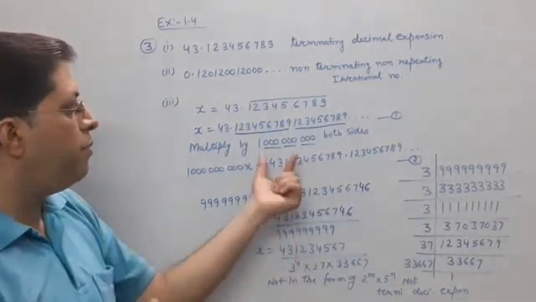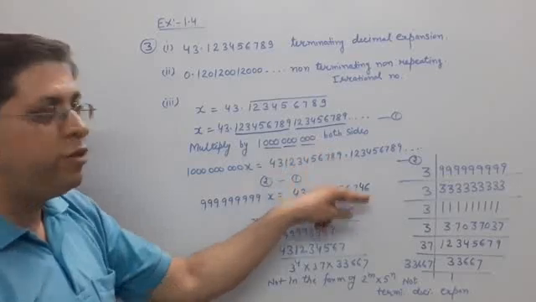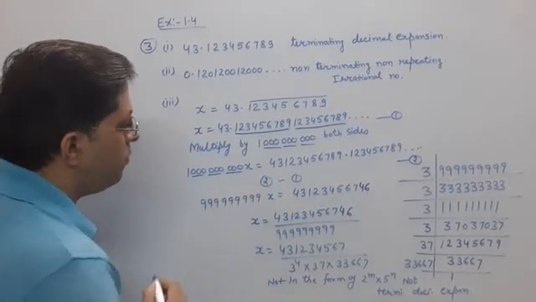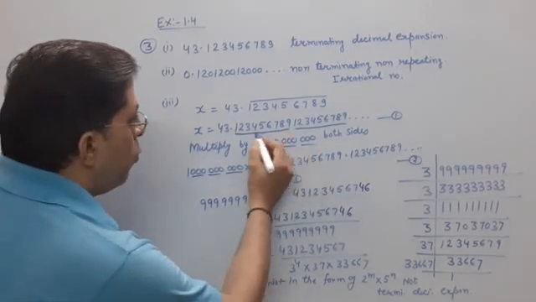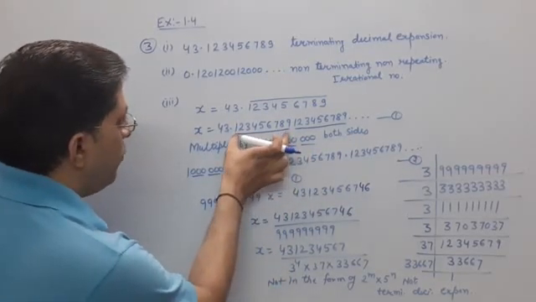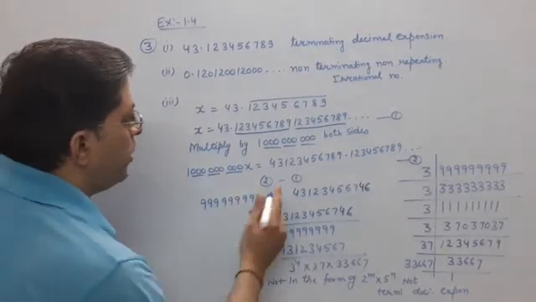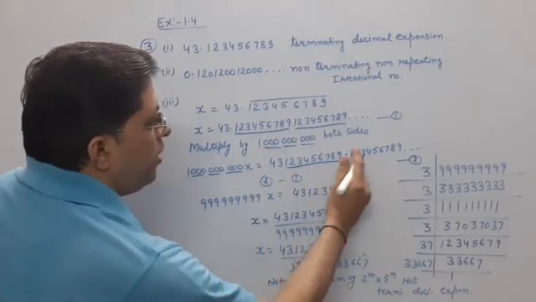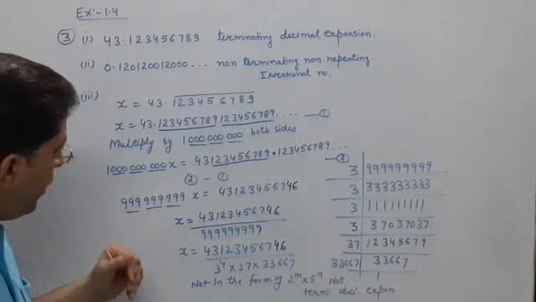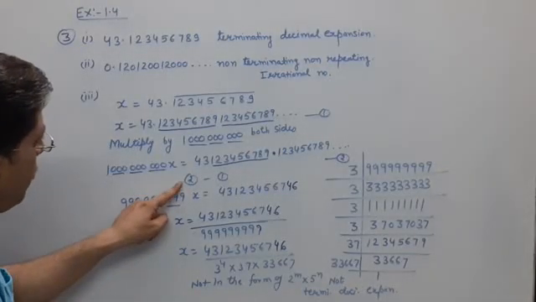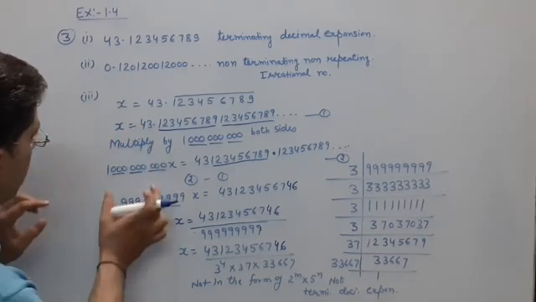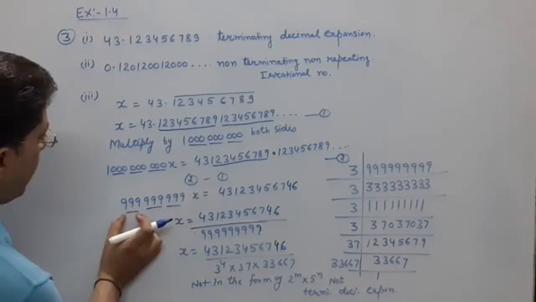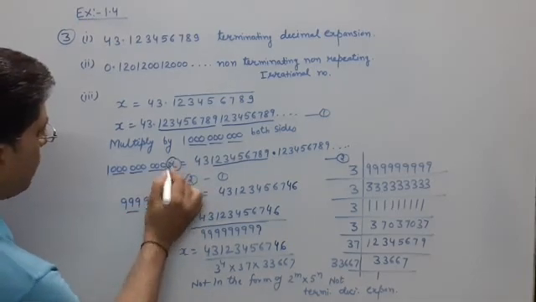That is why I multiply by this number on both sides. Then the whole packet will go before the decimal, and after the decimal sign comes 123456789. Then after subtracting, this minus this, you will get 999999999 times x.